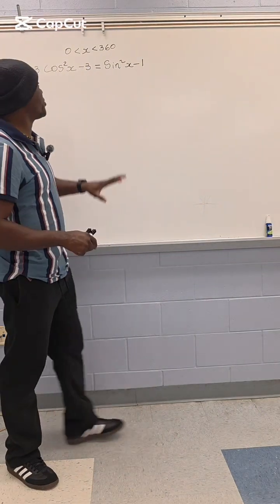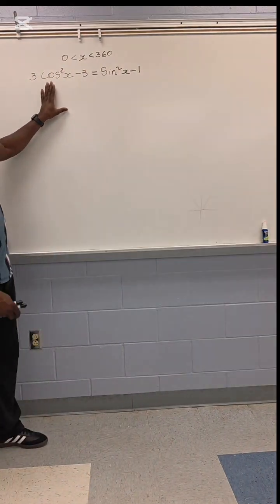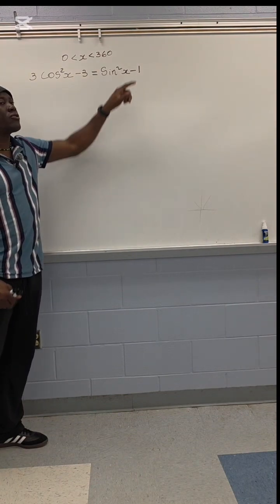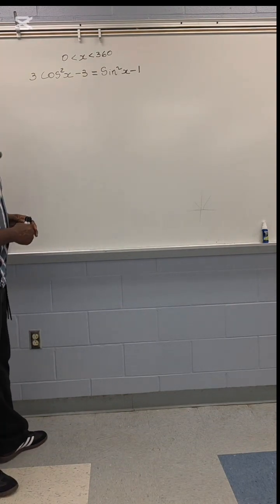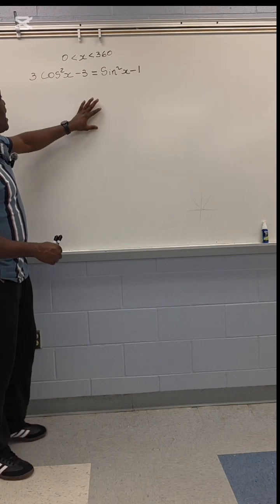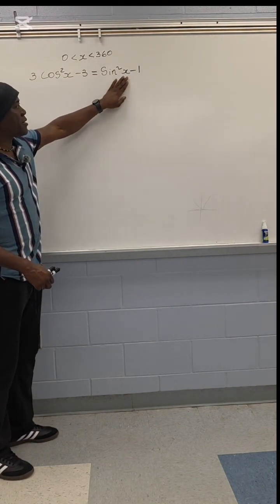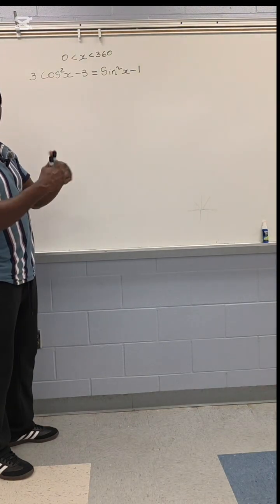Another trig equation. It says 3 cos square x minus 3 is equal to sine square x minus 1. What I'm going to do here is quickly substitute for sine square x so that I'm working with cos.